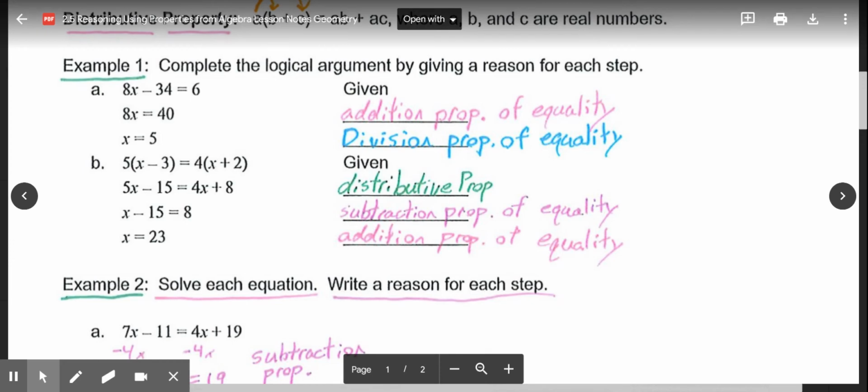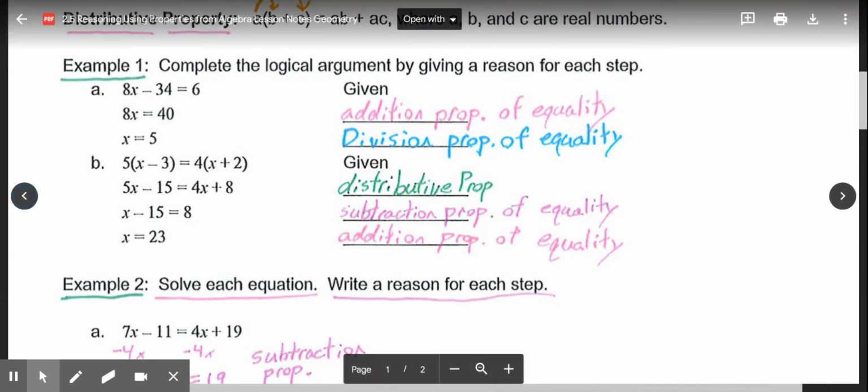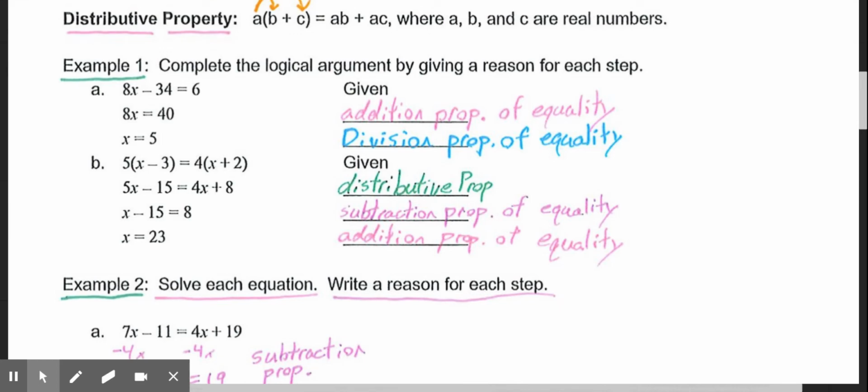Then, our next line was 5x minus 15 equals 4x plus 8. And then we're down to x minus 15 equals 8. So what they did was they subtracted the 4x from each side. 5x minus 4x left us with this x. So that was the subtraction property of equality.